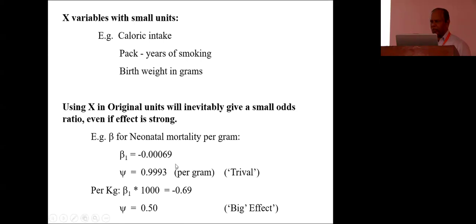In this analysis, neonatal mortality, yes or no, is your dependent variable. Is that right? And the calorie intake is in grams. Now, when you look at the regression coefficient, it says 0.000.